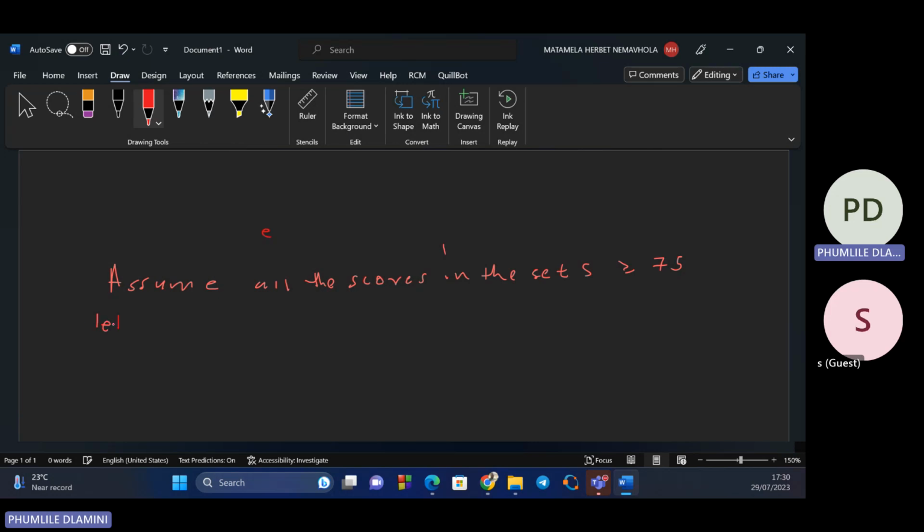So when we assume that, then we're going to let our N be the number of scores in the set S. And we're also going to let A1 and A2 be the test score.